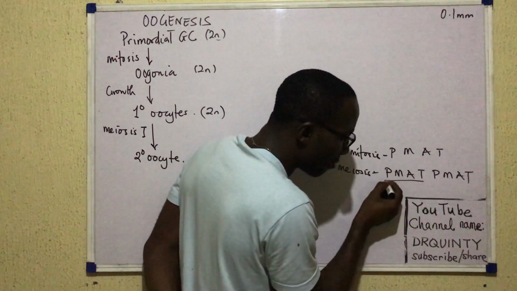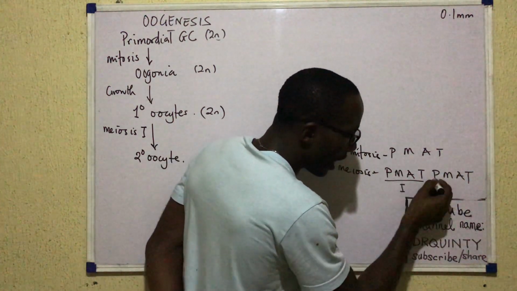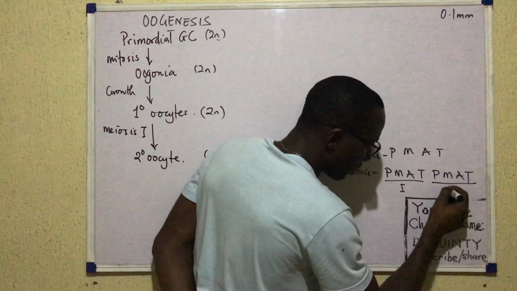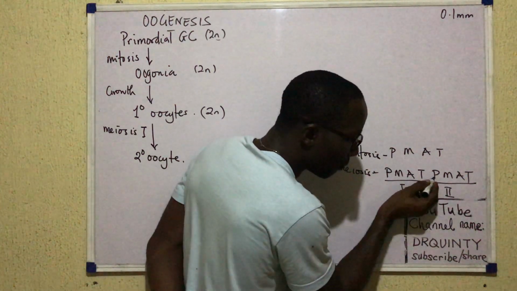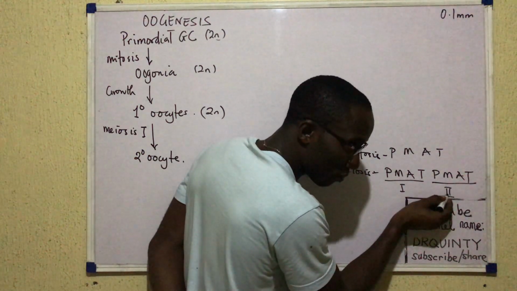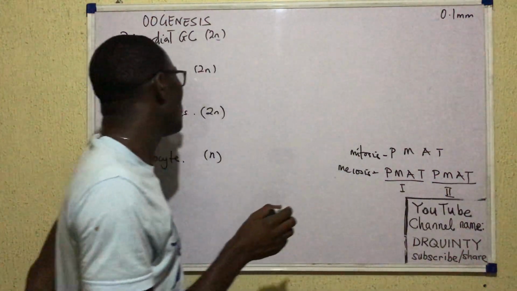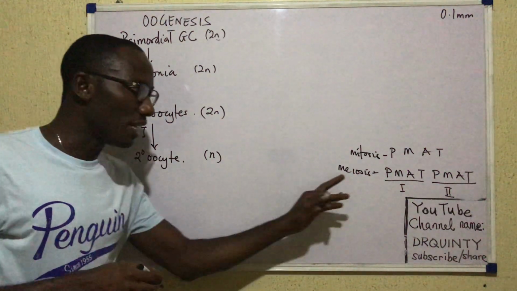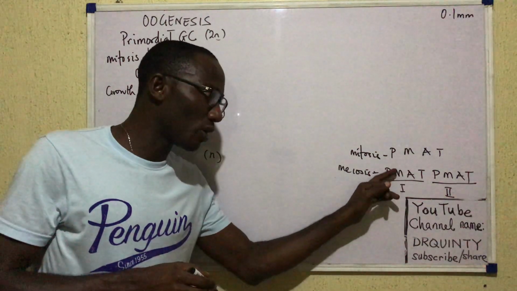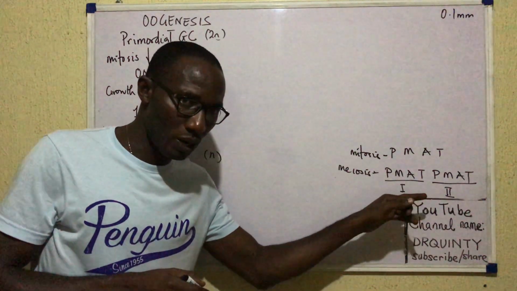So this PMAT is called meiosis 1, and this PMAT is called meiosis 2. The prophase here is called prophase 1, but the prophase there is called prophase 2, and so forth. So during meiosis 1 there's prophase 1, metaphase 1, anaphase 1, and telophase 1.